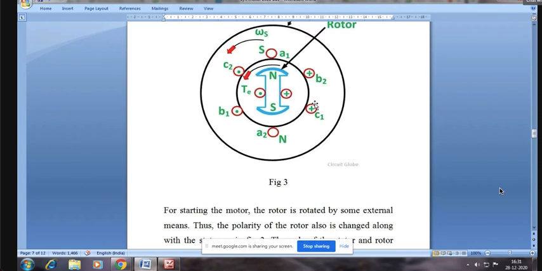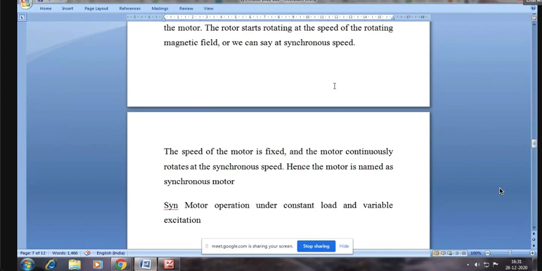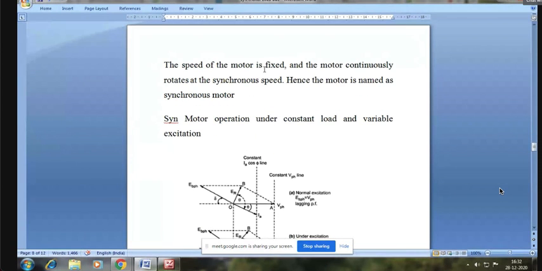Yes, sir. Hence, the motor runs only at synchronous speed and therefore it takes the name synchronous motor. Is it clear? Yes, sir. The speed of the motor is fixed and the motor continuously rotates at synchronous speed.